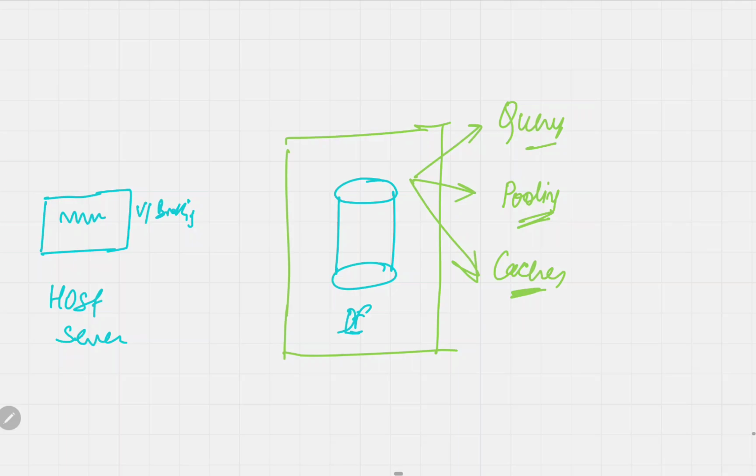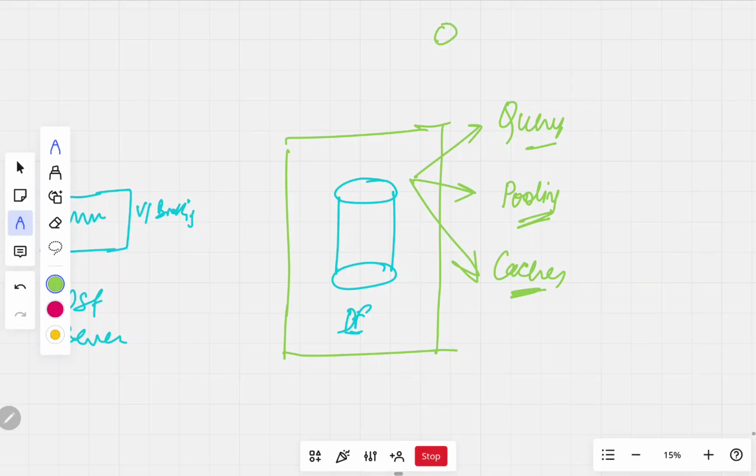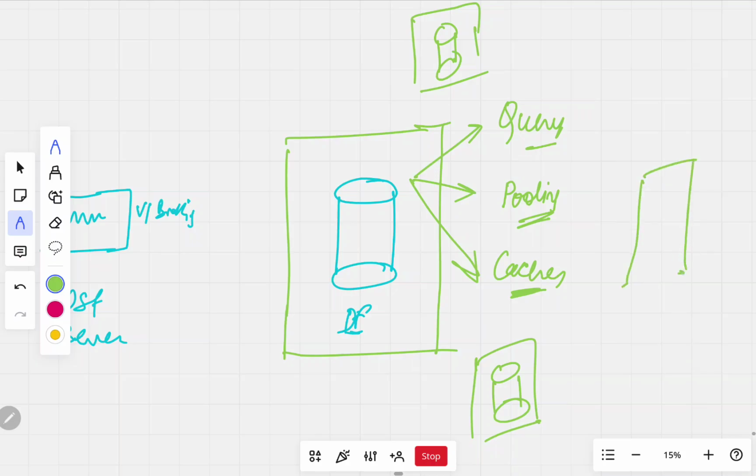On a higher construct, when we have multiple instances of the DB, we can think of having a distributed DB cache. Means here it would have a small memory, right? From here we are fetching.